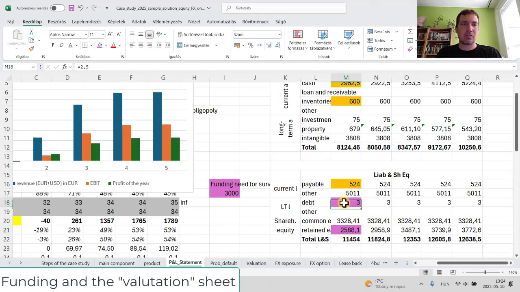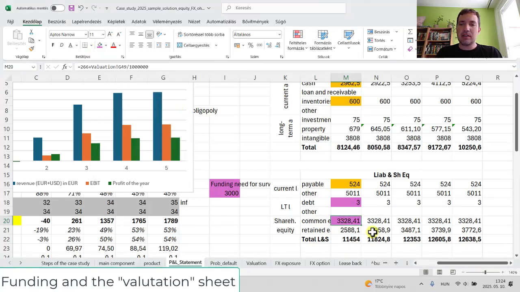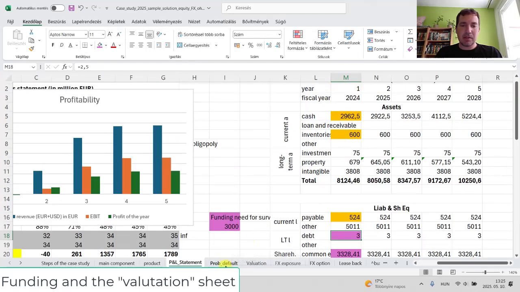One of them should pick this number up. Not the common equity, so they should be increased. So one of them. And after that it will be calculating everything happily.